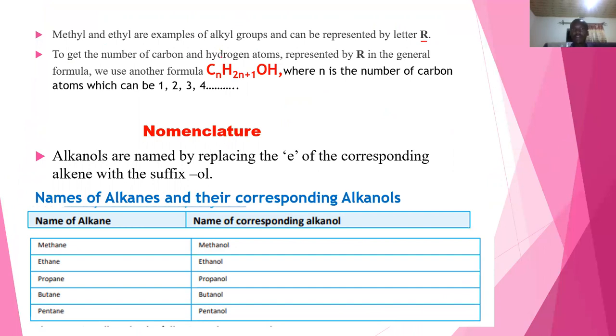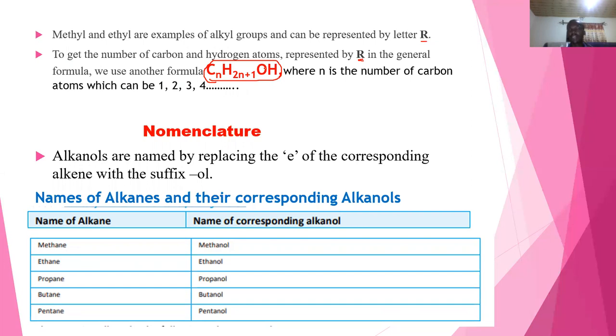To get the number of carbon or hydrogen atoms, they will represent the general formula with R. We can also use the general formula, which is CnH2n+1.